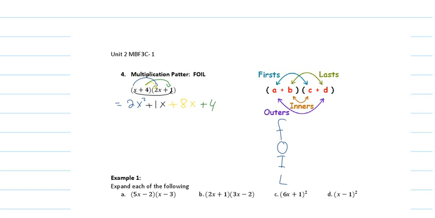Now, can I collect like terms? x and 8x. So it's going to be 2x squared plus 9x plus 4. That's the same answer that I've been getting, right? In all different forms, I've been getting that answer.